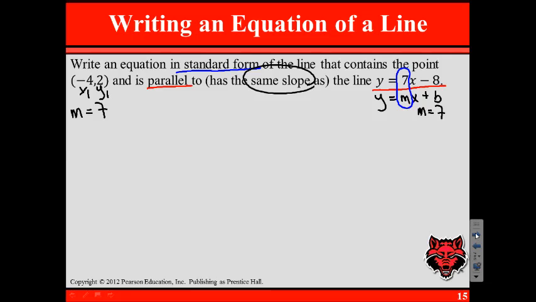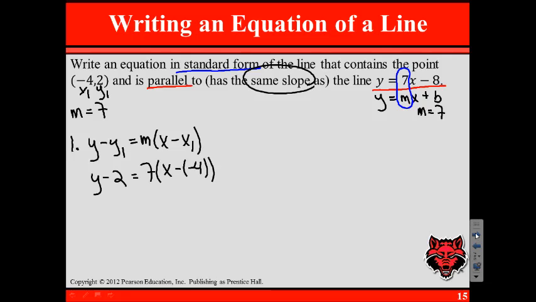Now that we have a slope and we have a point, let's plug those things into the point slope form. Y minus y1 equals m times x minus x1. That will give us y minus 2 equals 7 times x minus negative 4. The only thing we need to change before we distribute is that minus a negative, so that will become x plus 4.